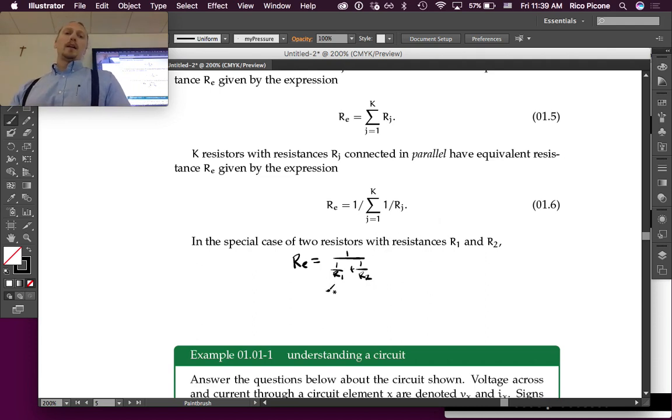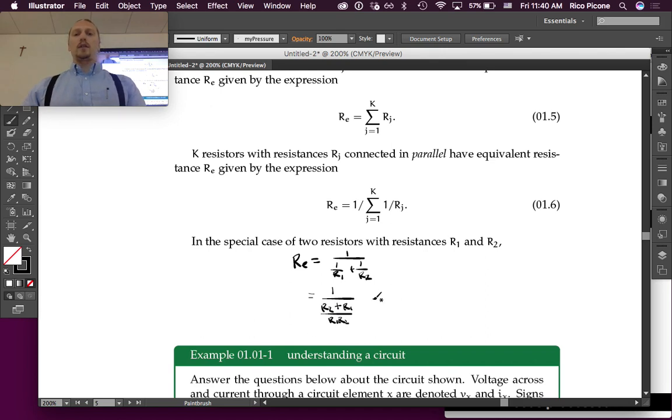And we could rewrite that. We find a common denominator in this denominator, which is R1 times R2, right? So we end up with 1 over R2 plus R1, all of that over R1 times R2, right?